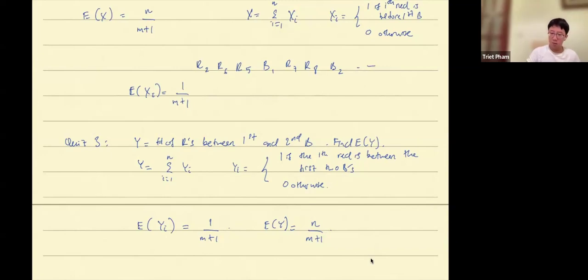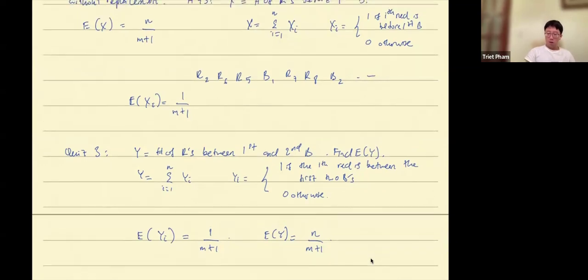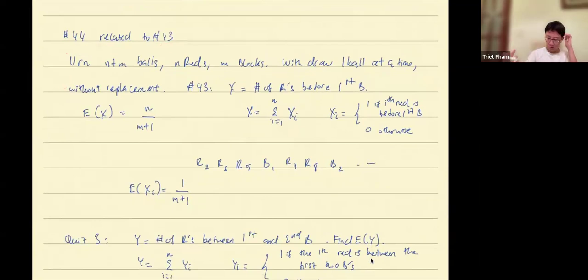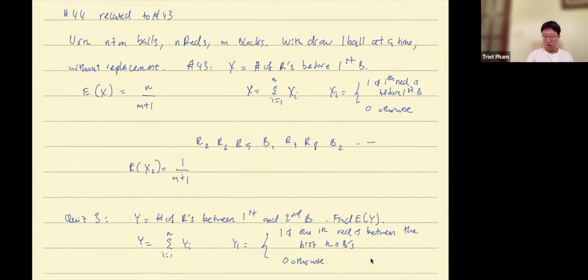Well, the reason is, basically, if you look at the general theme of 44 and 43, you can generalize it to something like this. You look at the number of reds in between the blacks in general. You think of the black as a marker.